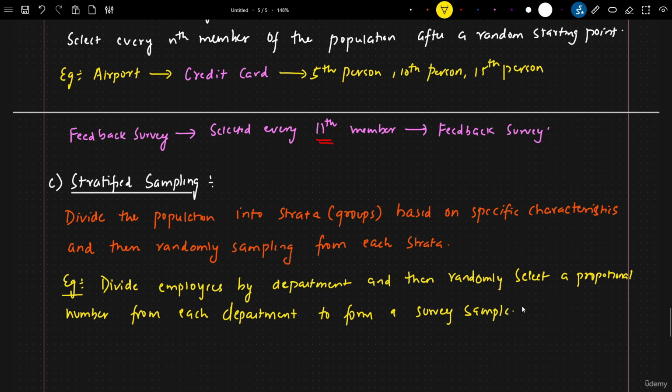Okay, so here what we are doing is first of all dividing all the employees by department, and then randomly selecting a proportional number from each department to form a survey sample.